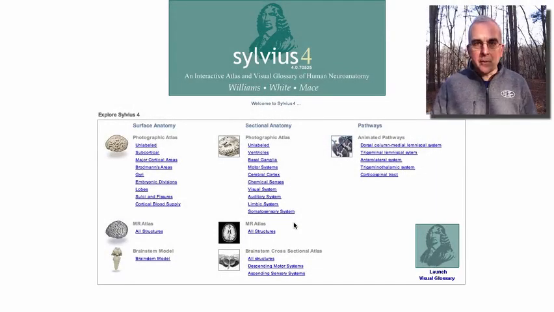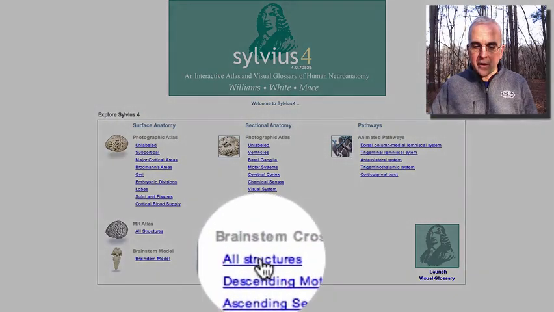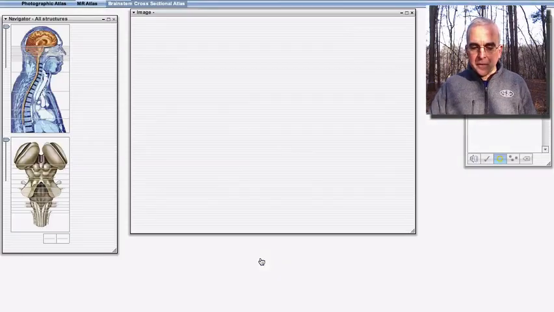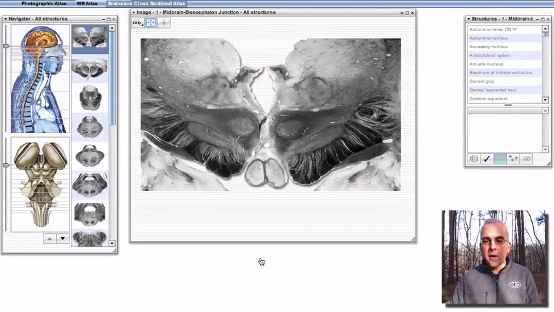Okay, I've just opened up Sylvius 4, and I'm going to now click on the Brainstem Cross-Sectional Atlas, All Structures, and this will open up now our Brainstem Atlas.